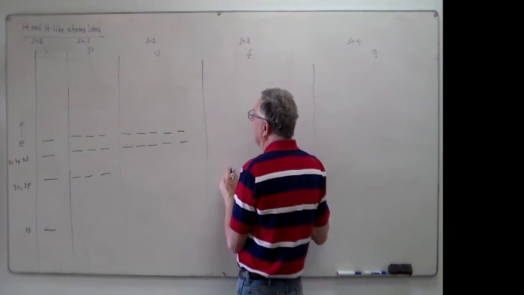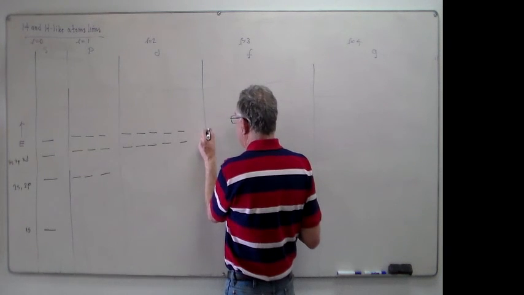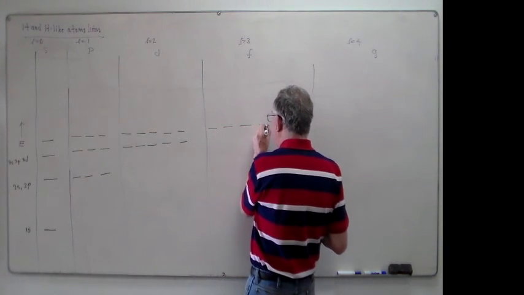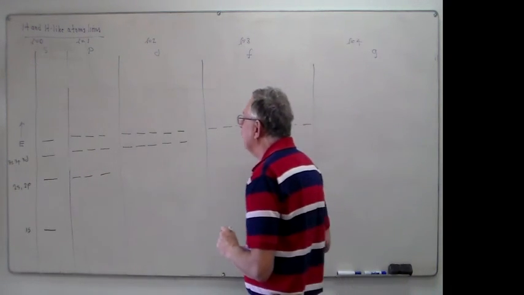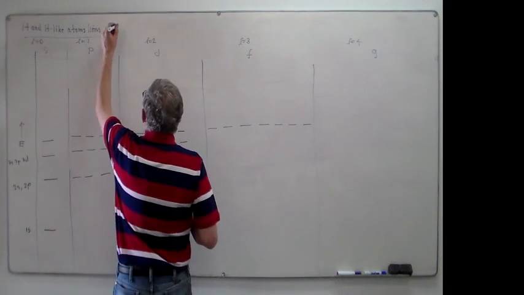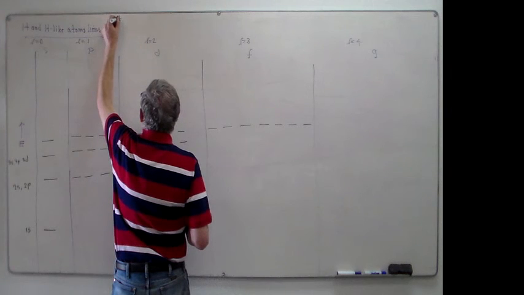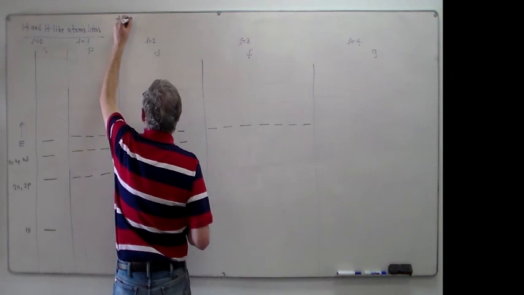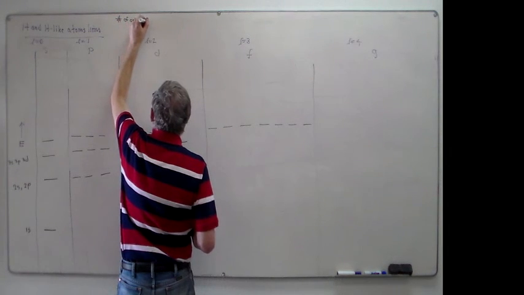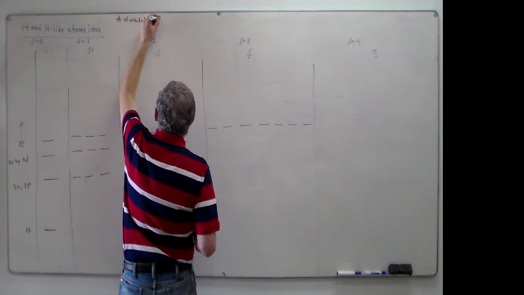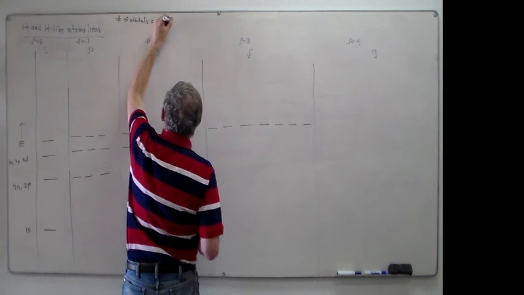How many F orbitals do we have? 1, 2, 3, 4, 5, 6, 7. So the number of orbitals equals 2L plus 1.